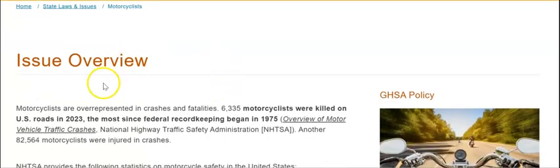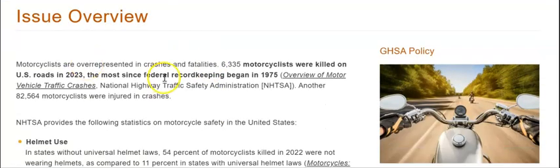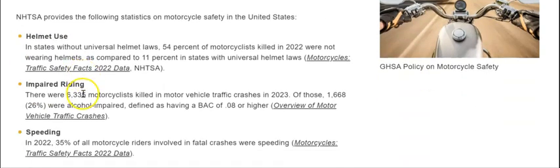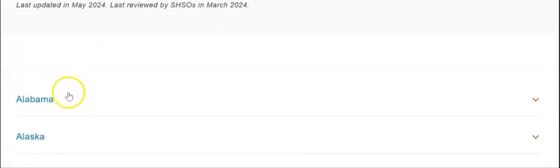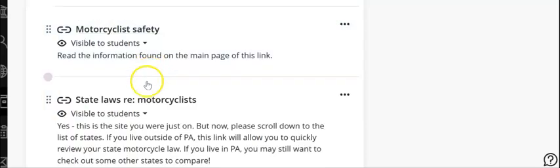So I will give you another informational source to look at the difference in motorcyclist traffic fatalities based on state to state laws. But what you're looking at here is an overview of the issue. And this is pretty current data. So I want you to read through this information, the overview, a bit about the states, and then we're going to come back to this in the second source here.